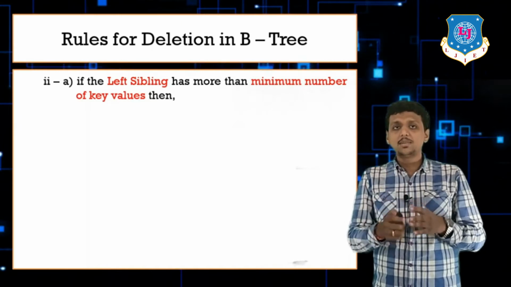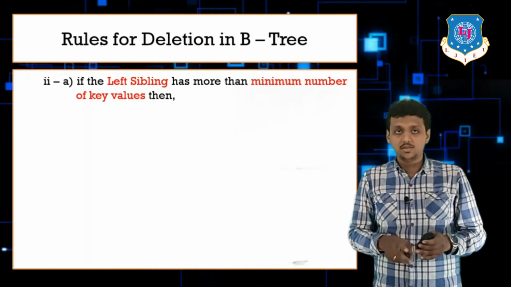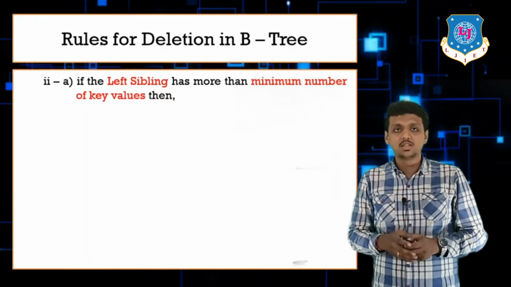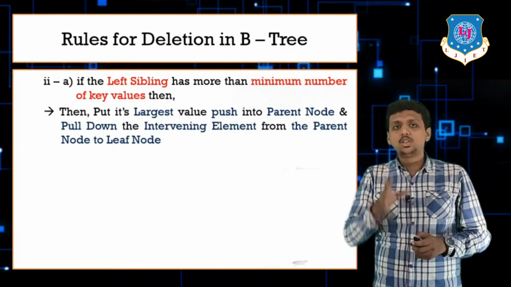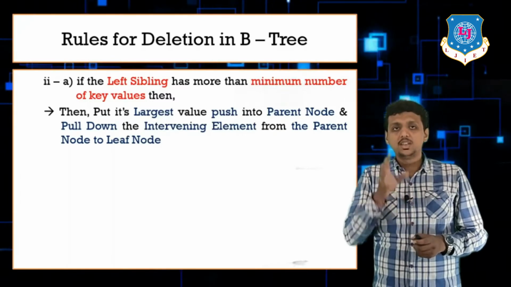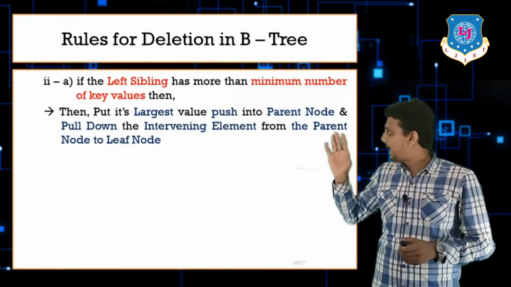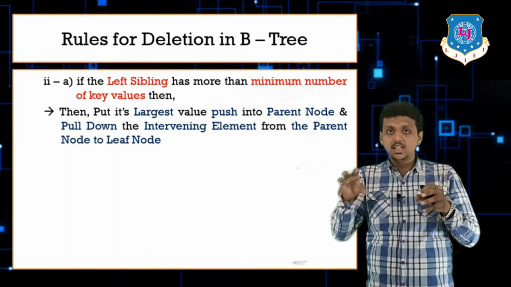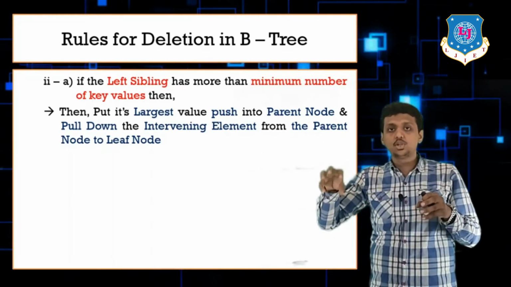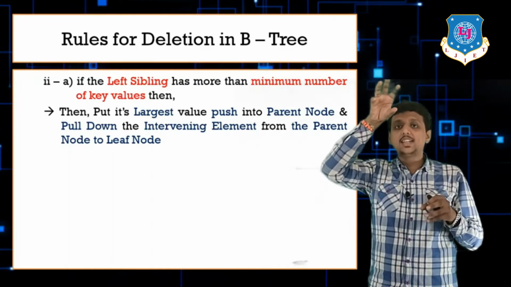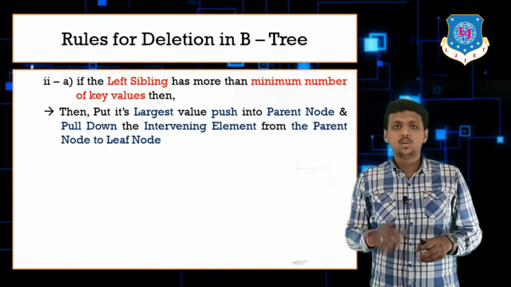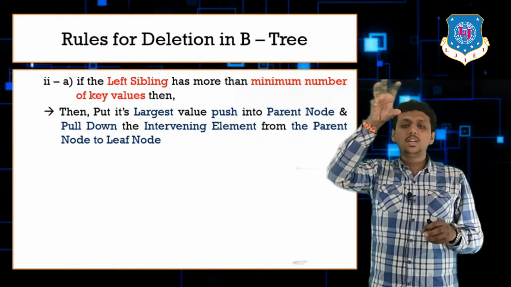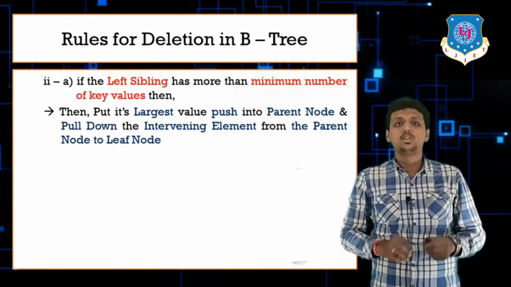If the left sibling has more than the minimum number of key values, then take the largest value from the left sibling and push it into the parent node, and take the intervening value. Students, what does it mean by the intervening value? We will see in the example. So take the intervening value from the parent node to the leaf node.